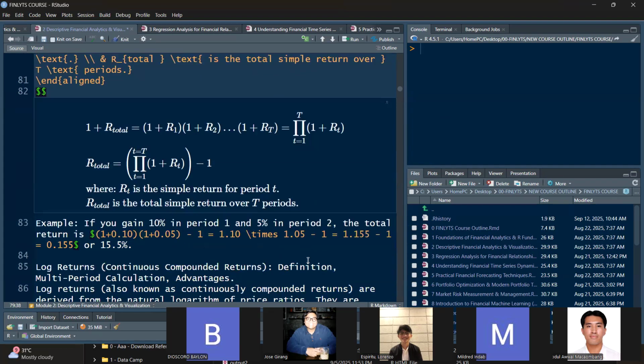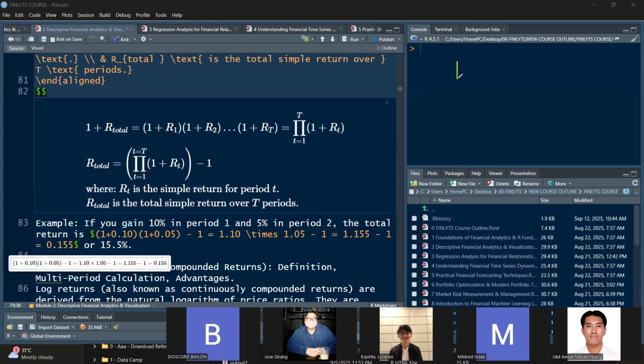And minus 1. Okay. So for example, if you gain 10% in period 1 and 5% in period 2, what will be the total return? As the name suggests, class, in period 1, the return was how many? 10%, okay?